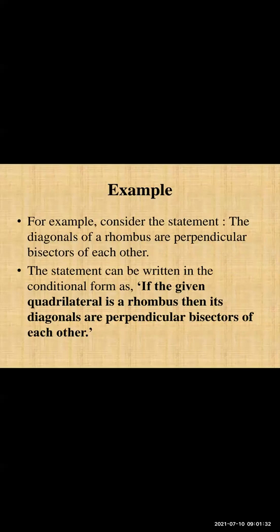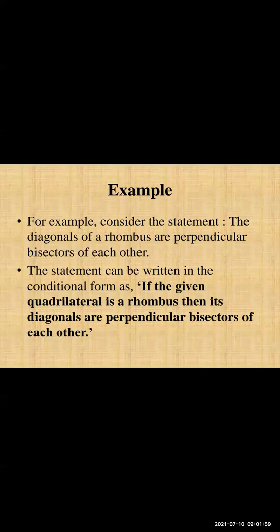Now we have to put it in conditional form. The statement can be written in conditional form as, in bold letters I have written there: if the given quadrilateral is a rhombus, then its diagonals are perpendicular bisectors of each other.